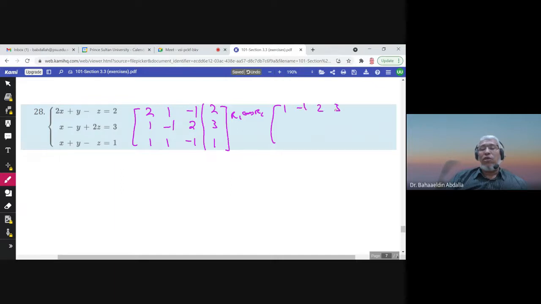You can interchange with row 3 if you like. There is no problem. You should get the same answer. Okay, so I use this one to make 2 zero, and to make this one 0.